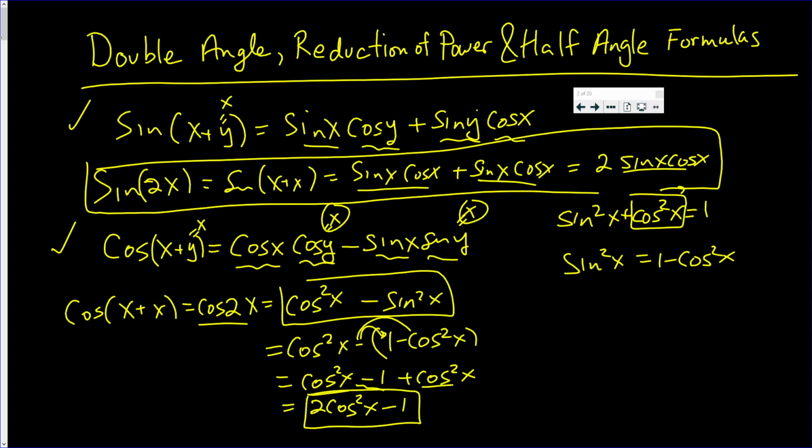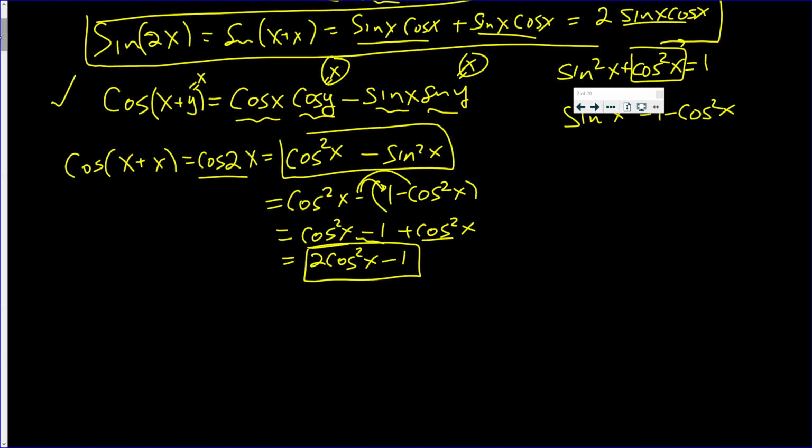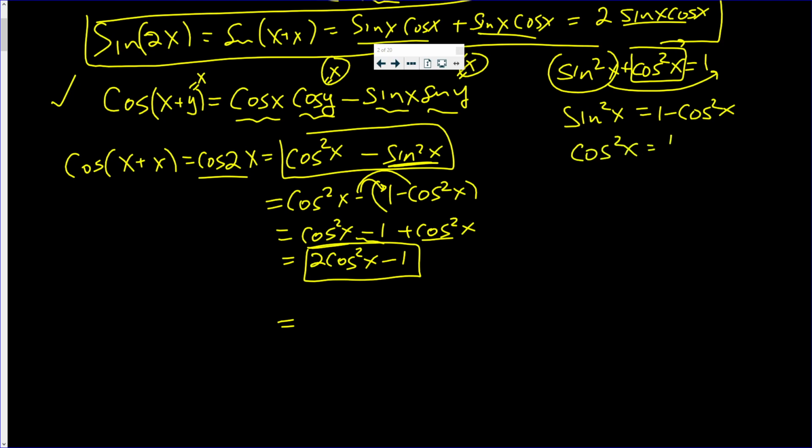But you know what? There's another way. Instead of replacing sine squared x, we can replace cosine squared x. Just bring that to the other side. And then we get cosine squared x is 1 minus sine squared x. So this cosine squared x is 1 minus sine squared x minus the other sine squared x.